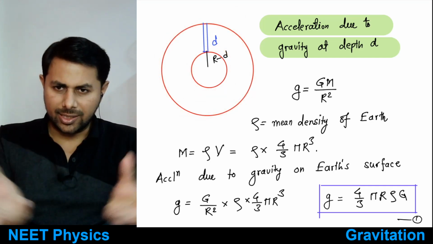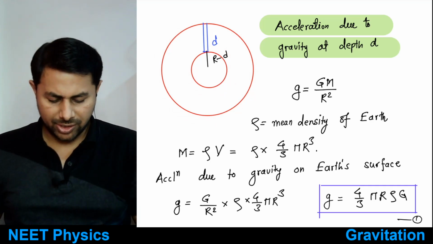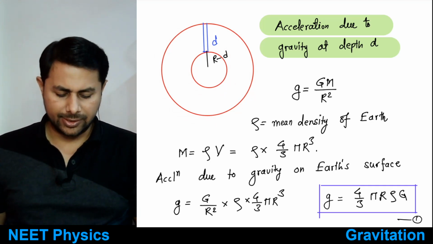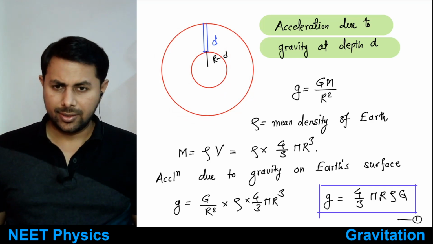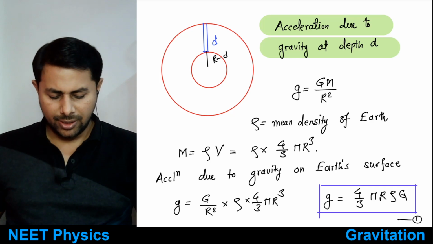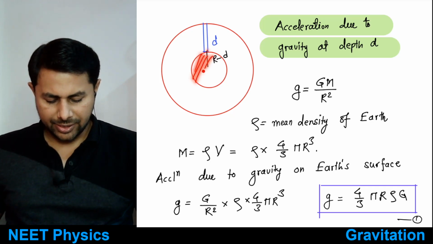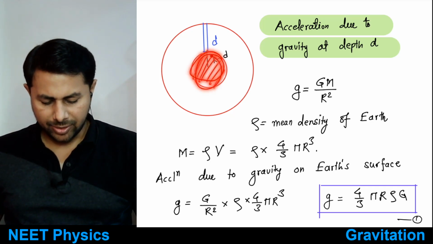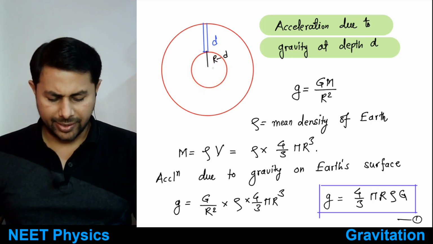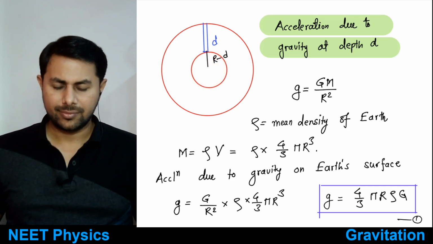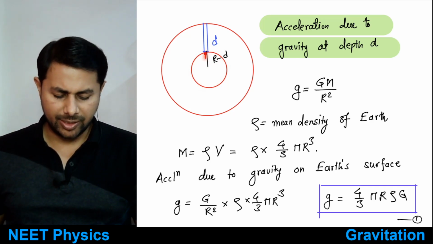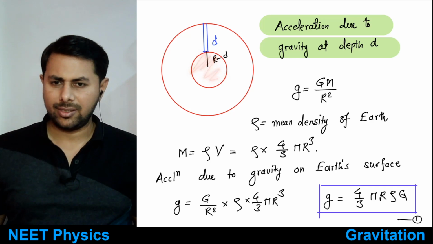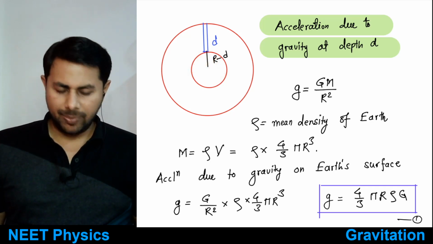Due to this outer shell, there will be no gravitational force at this point, that means no gravitational acceleration. So the gravitational acceleration at that point would be just because of the sphere of radius r minus d. There is nothing difficult in that.